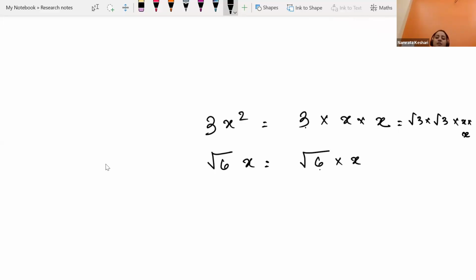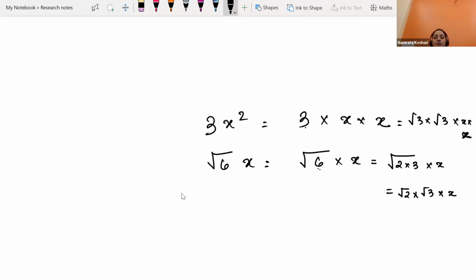If it will help, then only we do the factorization like this: 3 as root 3 into root 3. This root 6, can we write it as 2 into 3? Yes, so we can write it, and we can also separate the terms like root 2 into root 3 into x, right?